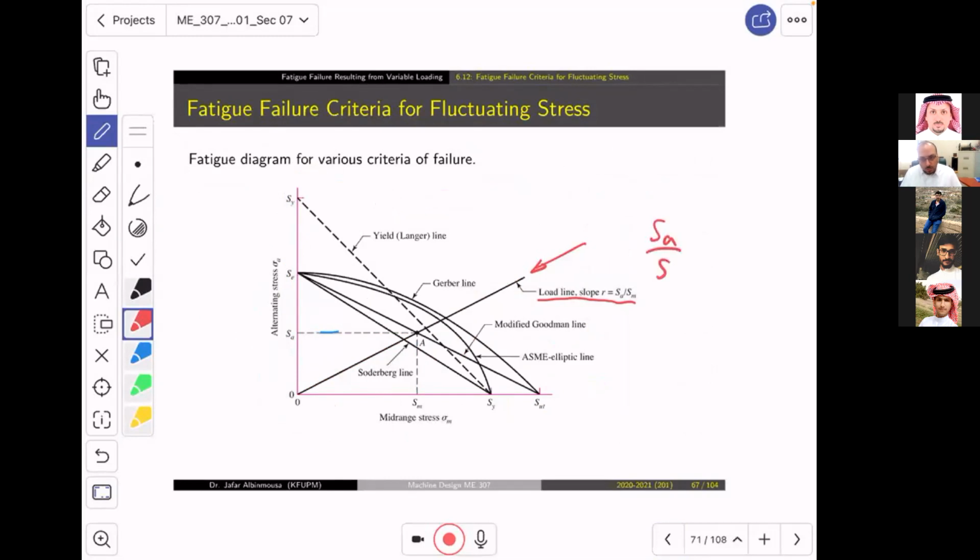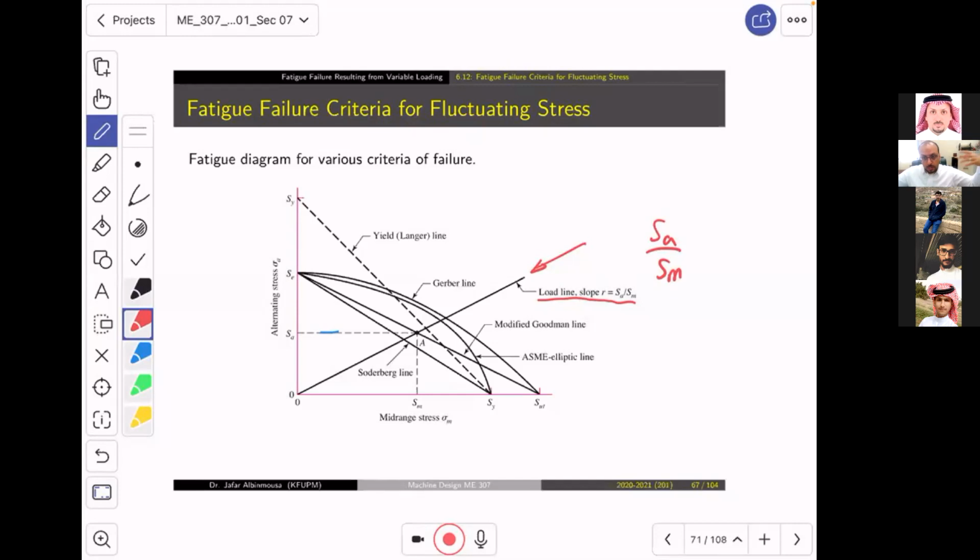Why? Because the slope is what? The slope means there is a curve, okay, inclined. Its angle, its slope, is related to the ratio of y divided by x. Isn't that true? It's true, right?